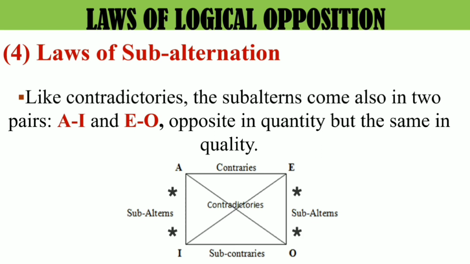If you remember, A is universal affirmative, I is particular affirmative, E is universal negative, and O is particular negative.